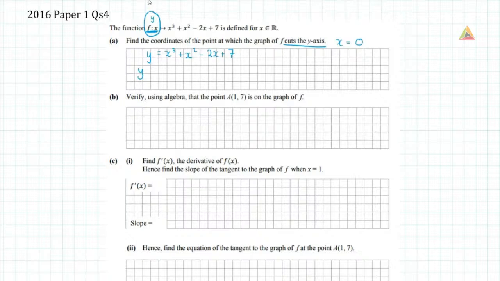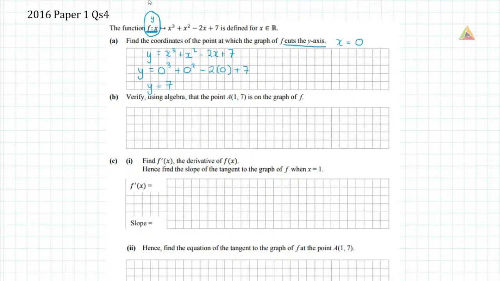So everywhere I have an x, I'm going to sub in a 0. And my calculator is going to do all this work for me. So I'm going to say 0 cubed plus 0 squared minus 2 times 0 plus 7. And that's going to give me the answer of y is equal to 7. That's where it cuts the y-axis at the value of 7.